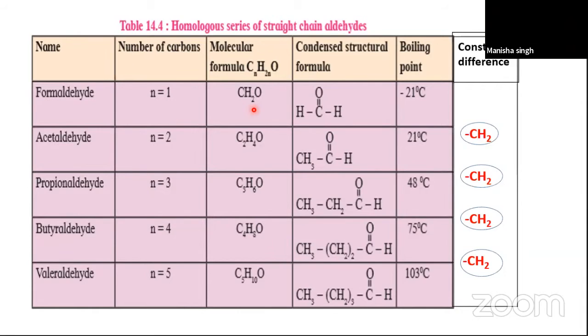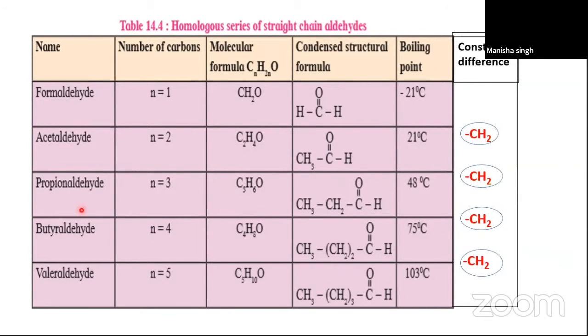Now next one is acetaldehyde. So acetaldehyde, it contains 2 carbon atoms, and because it contains 2 carbon atoms, so hydrogen should be 4. So C2H4O, and it is represented by CH3 C double bond O H. So like this, all other aldehydes are represented.